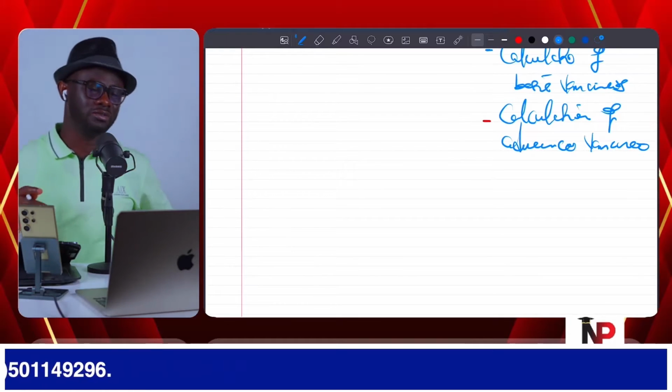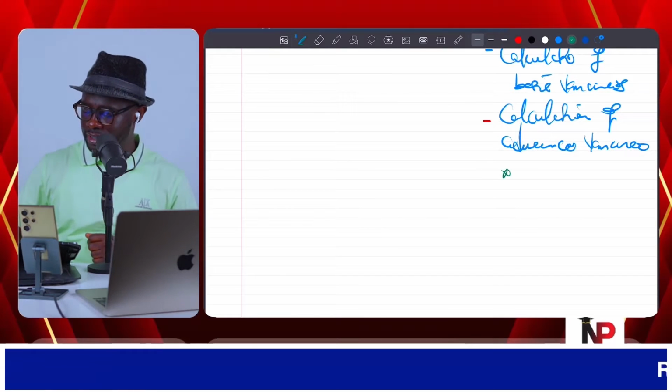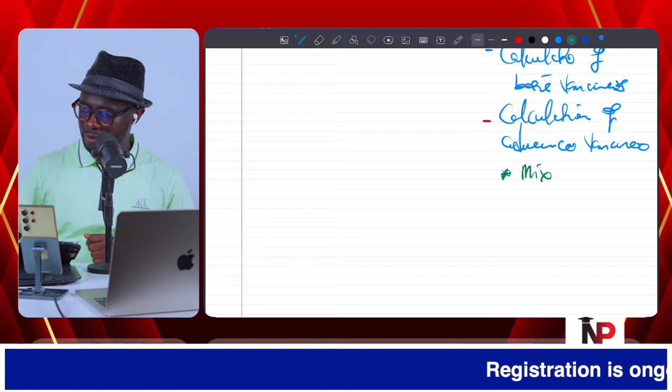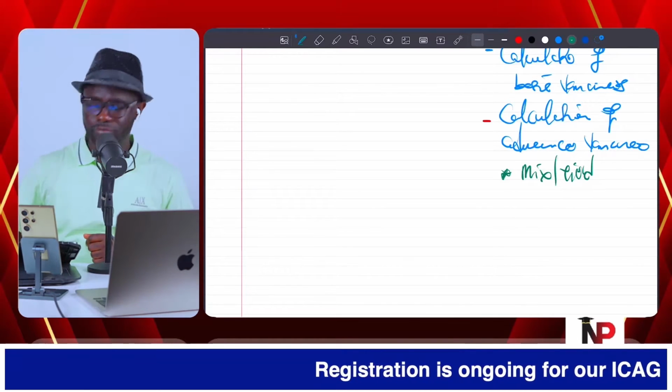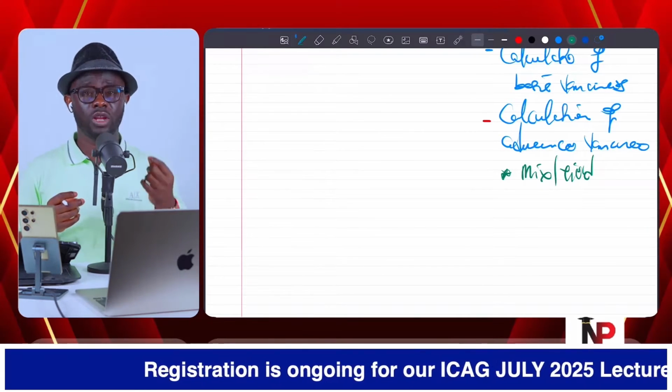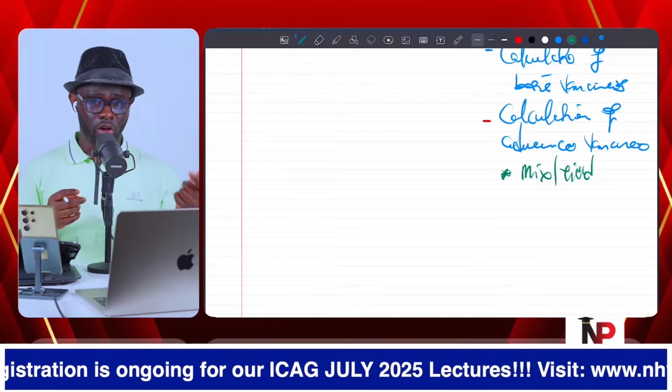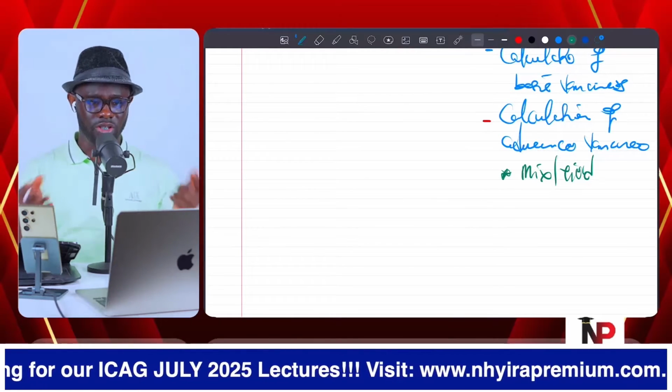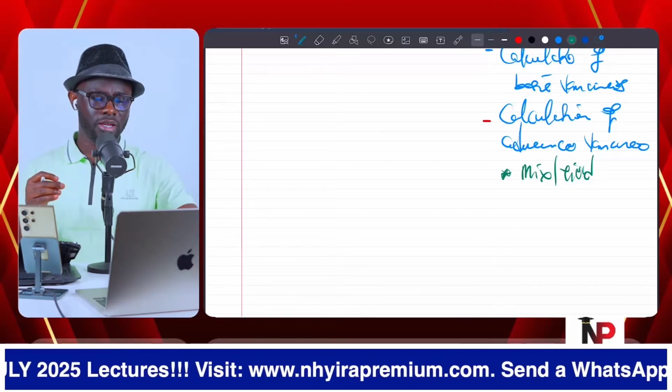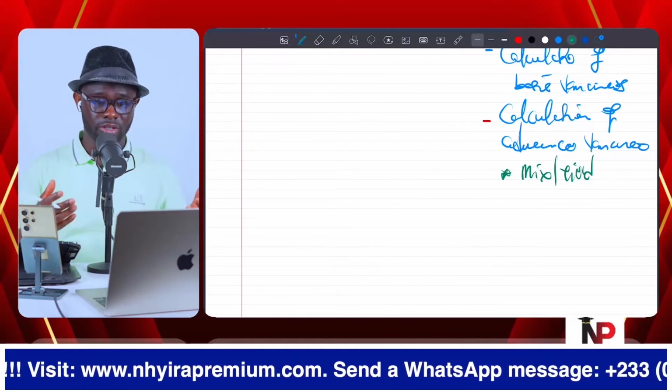Now, what are the advanced variances? The advanced variances is where we are dealing with mix and yield variance. So when an entity is using more than one raw material or input to produce what they are producing, it will be required to calculate the mix and the yield variance.